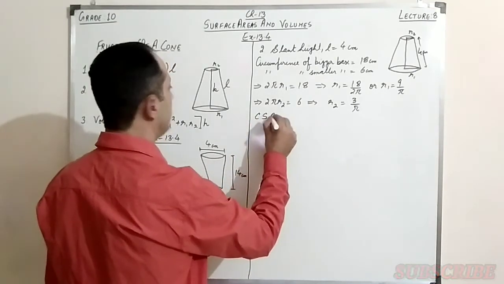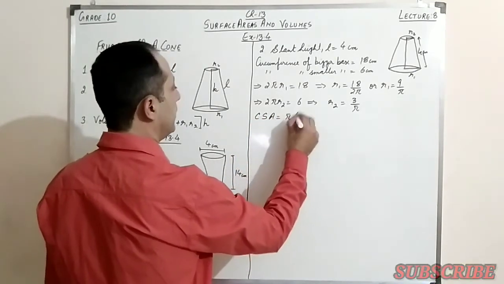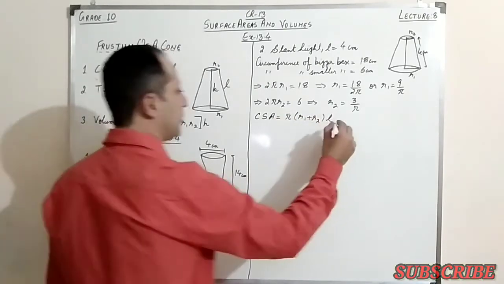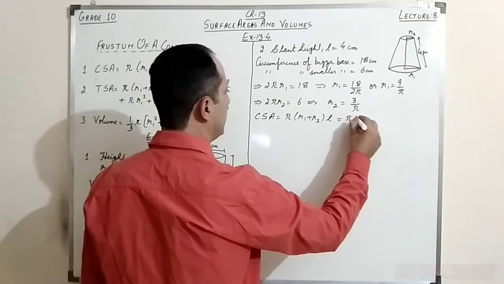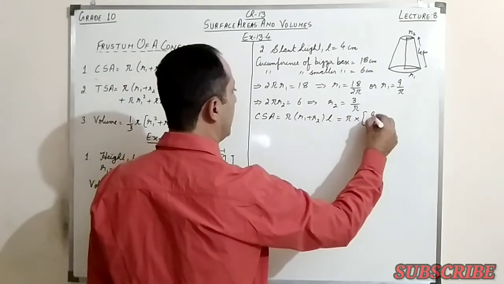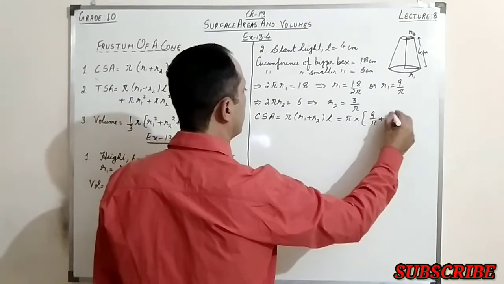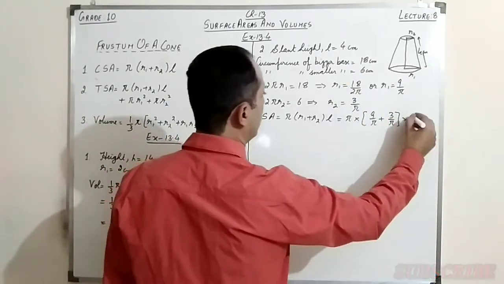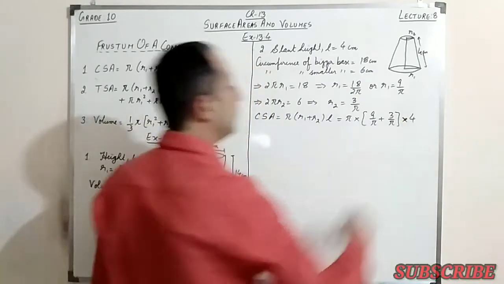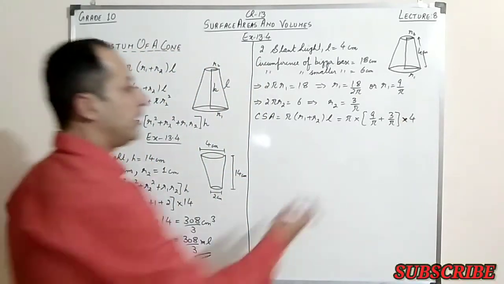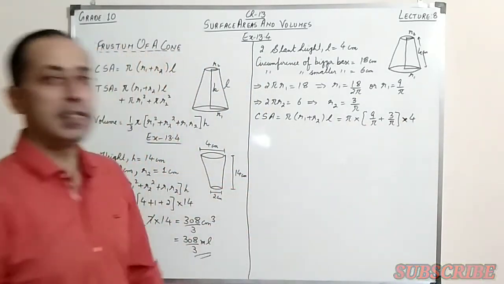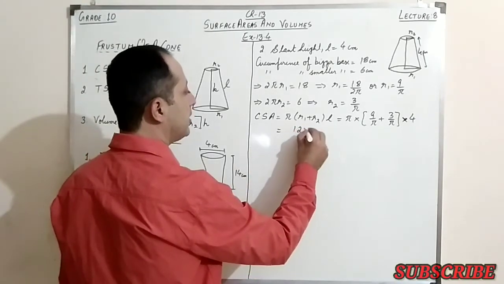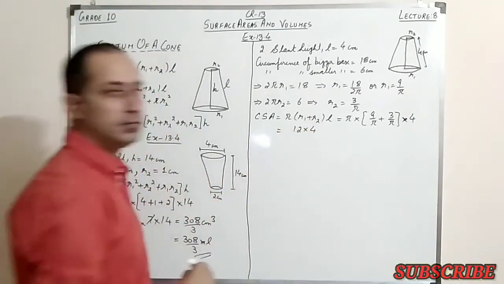Now CSA is equal to pi (r1 plus r2) multiplied by L. Substitute the values. This is pi. Inside the bracket, I have 9 by pi plus 3 upon pi. And outside the bracket, the value of L, that is 4. Now, we can take this pi as common outside and it gets cancelled. And then what I am left with is 12 multiplied by 4.